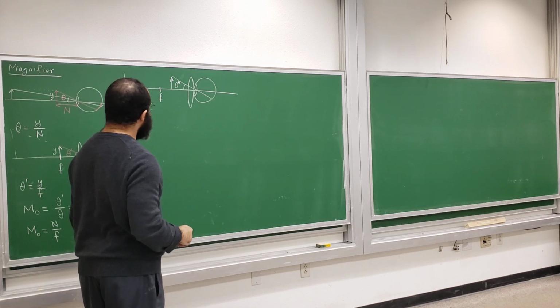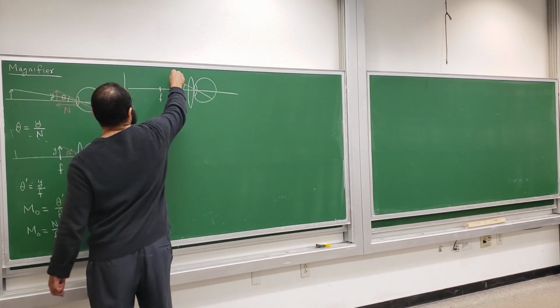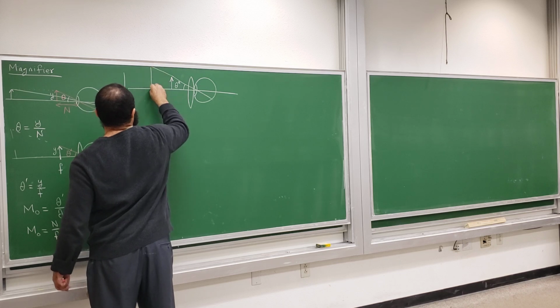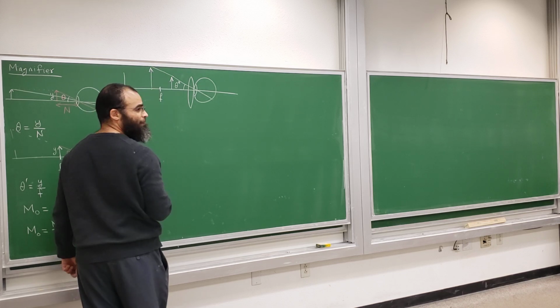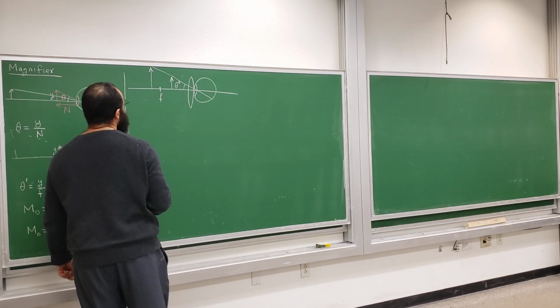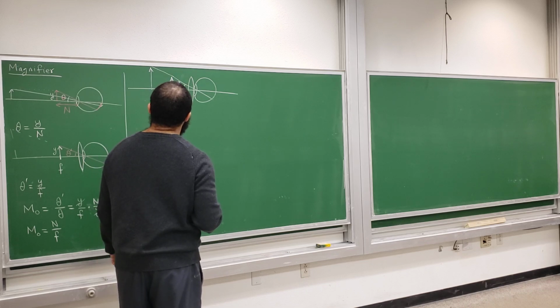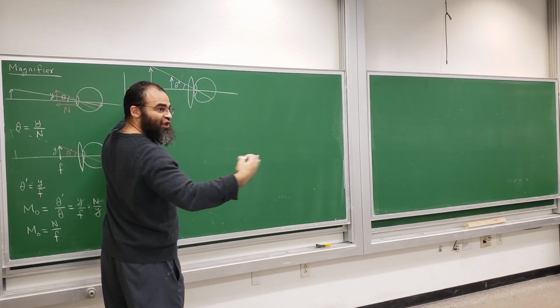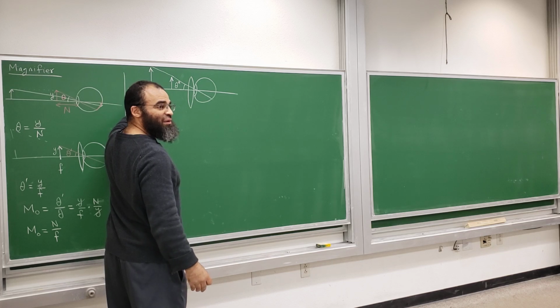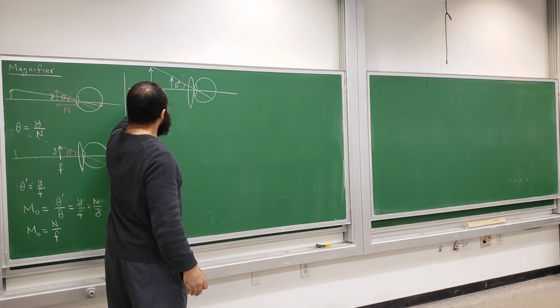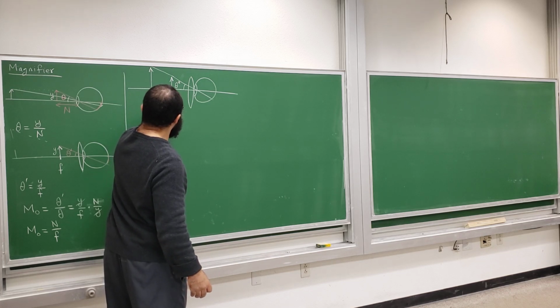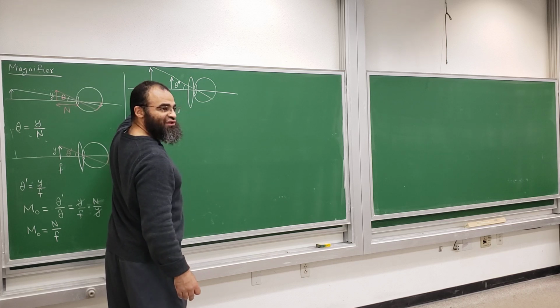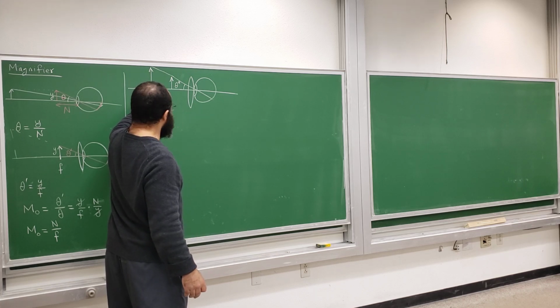And the image will form somewhere there. The problem is, if this is nearer than the near point, then it would be blurry. So the maximum distance I can bring it in is when the image is at the near point. Does that make sense?